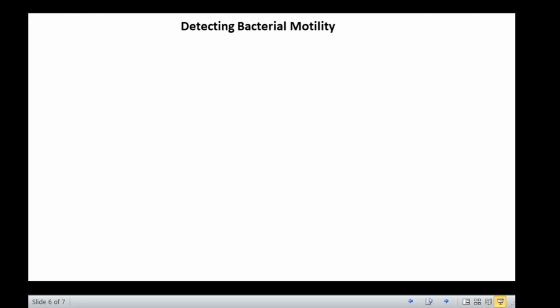Since motility is the primary criterion for the identification of bacteria, several techniques have been developed to demonstrate bacterial motility directly or indirectly. Direct methods involve looking for the presence of flagella by staining.